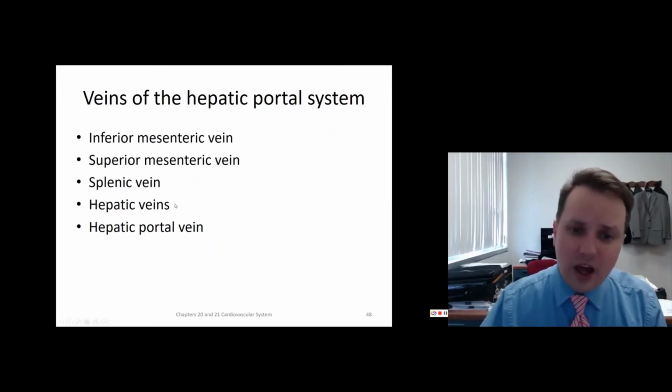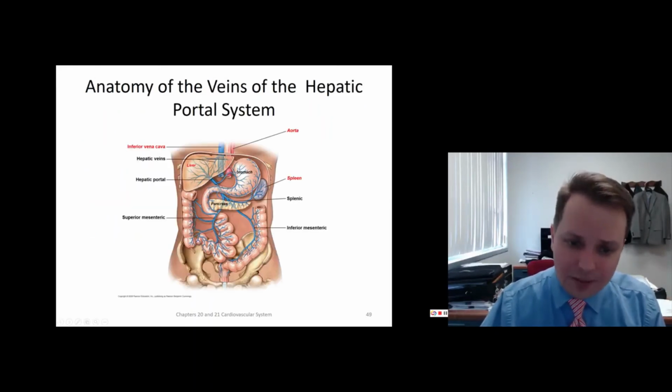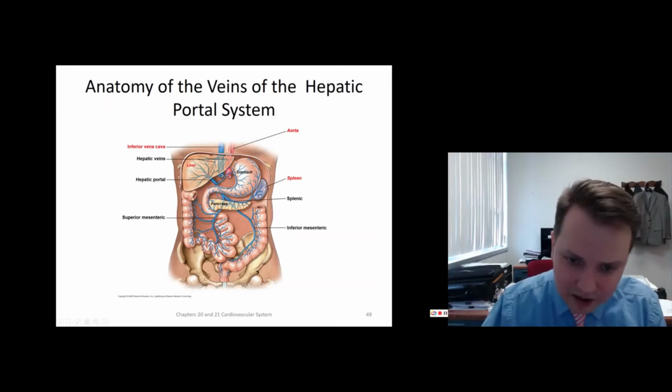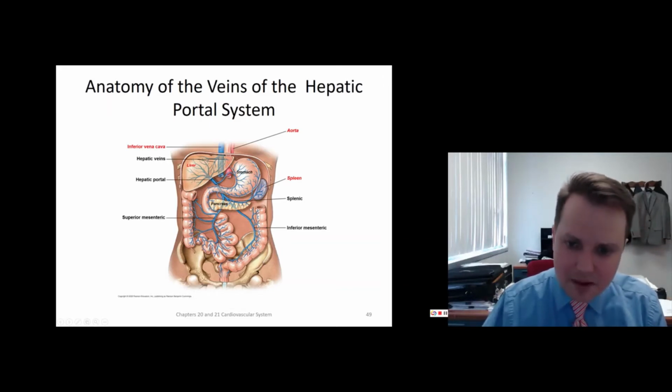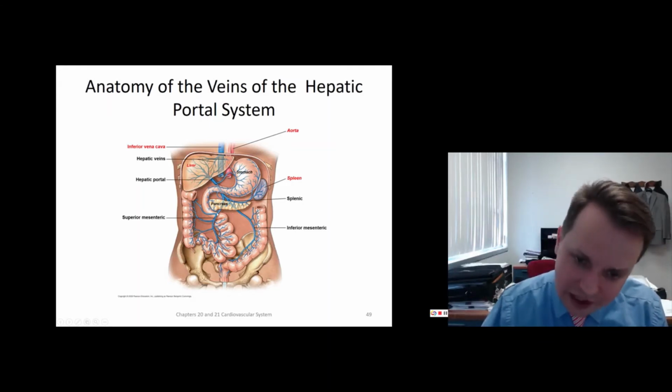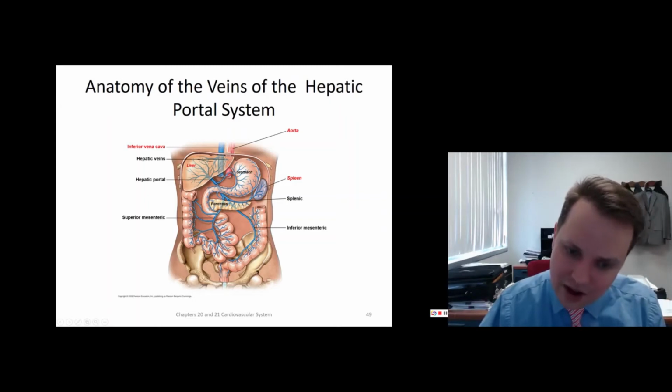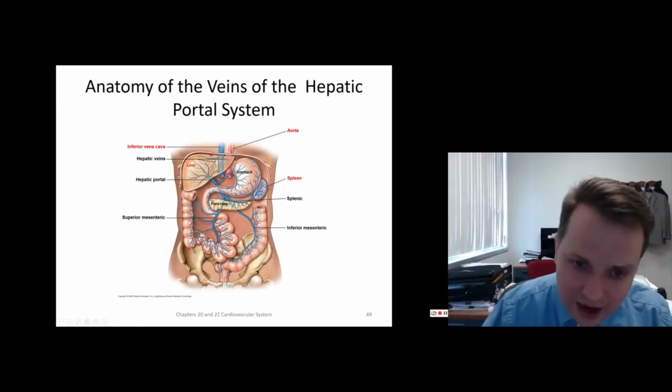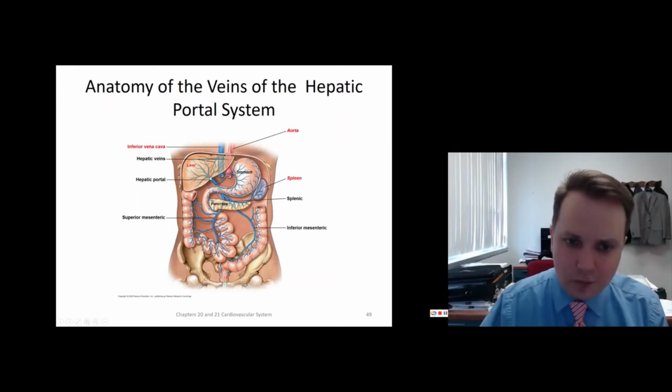So as we go look at these, let's start with the mesenterics. Because they're in the mesenteries, the membranes that hold the intestines together, there is a superior mesenteric and an inferior mesenteric. And then splenic to drain the spleen. These three unite together to produce a hepatic portal vein, which brings all this blood to the liver.